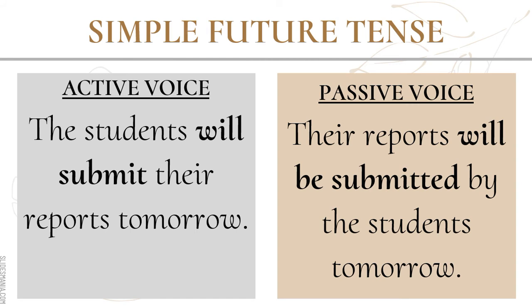So the words tomorrow and will signify that the action will be done in the future. The students being the subject, the action will submit, and then the receiver of the action, reports.